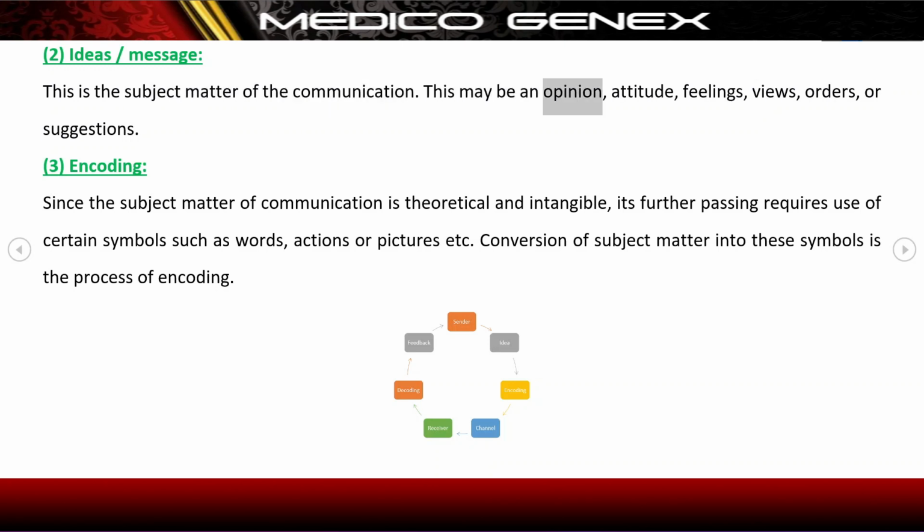This may be an opinion, attitude, feelings, views, orders, or suggestions. 3. Encoding. Since the subject matter of communication is theoretical and intangible, its further passing requires use of certain symbols such as words, actions or pictures, etc. Conversion of subject matter into these symbols is the process of encoding.